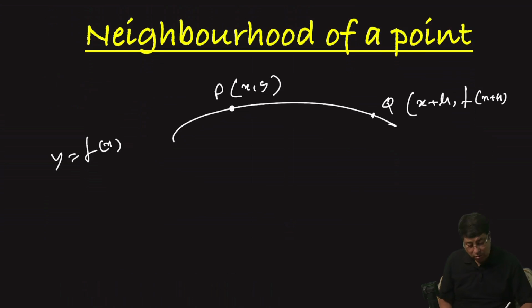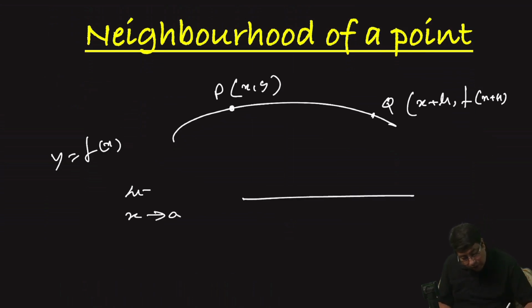Let's know. Suppose limit x tends to a. For your understanding, I'm explaining with a, and then I'll give you one example so it is totally clear. Suppose this is a and x is coming towards a, say from the positive side.